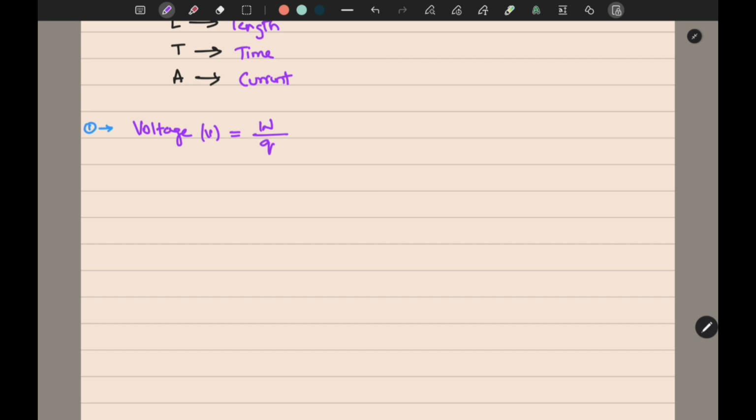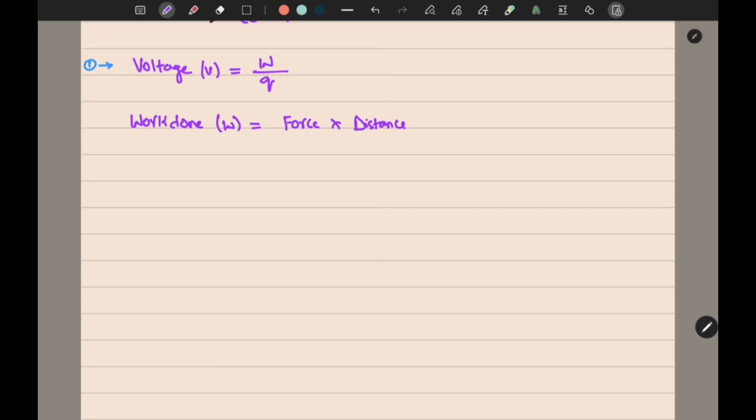So, we all know that the work done W is equal to force into distance. We have studied about this in our intermediate. Okay, the force means mass into acceleration.